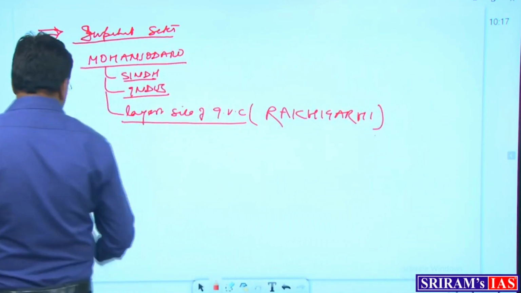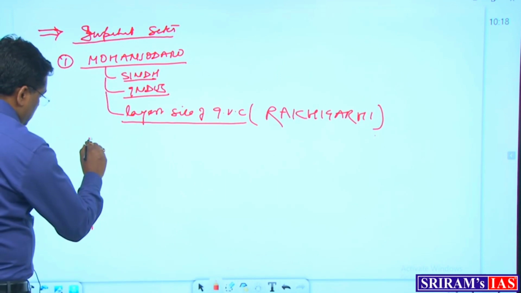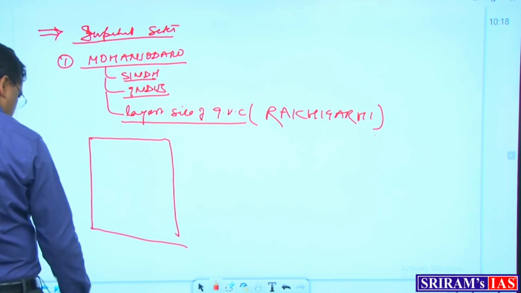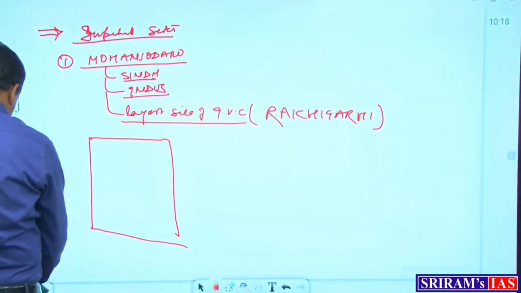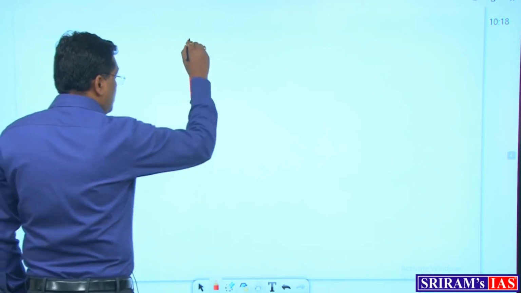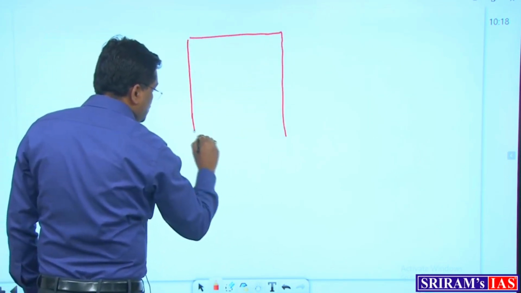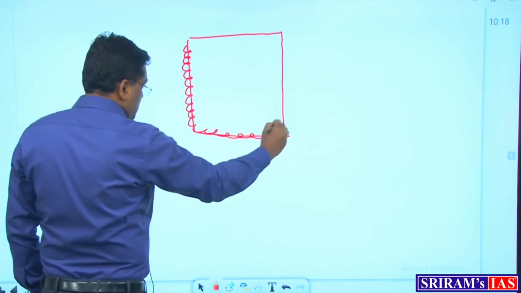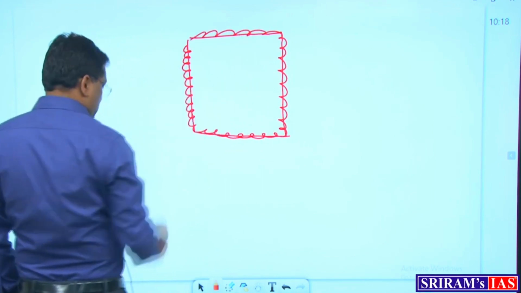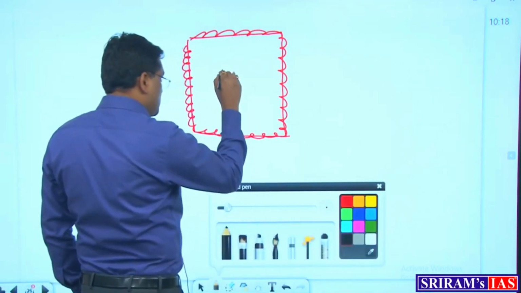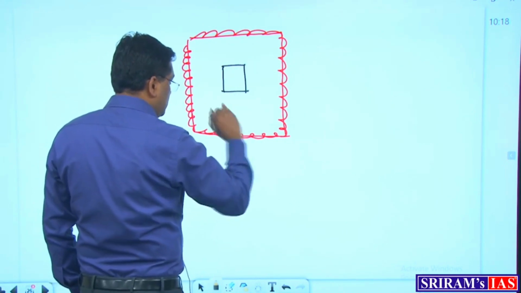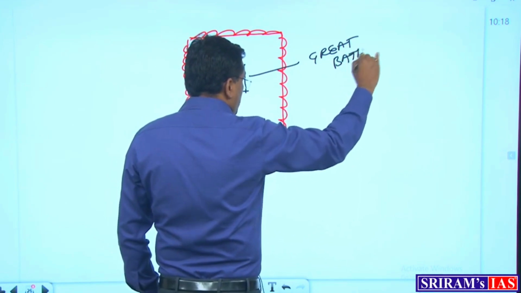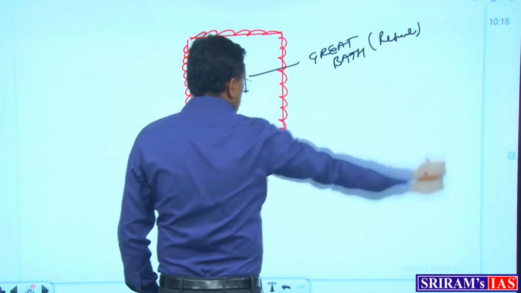When we enter the city of Mohenjo, there are so many important things we can find here. The citadel, obviously, was fortified. In between the city, we found the Great Bath. The purpose is ritualistic.